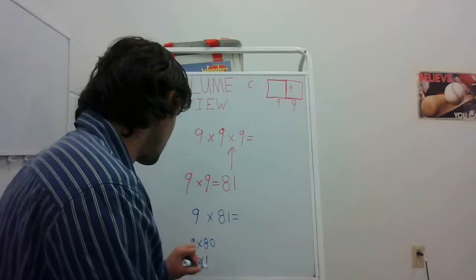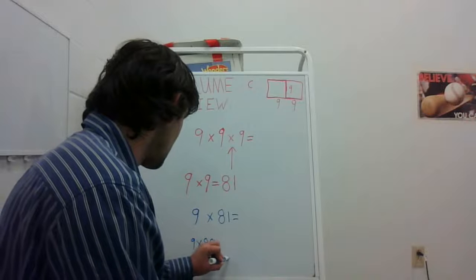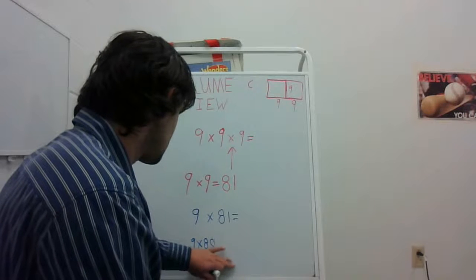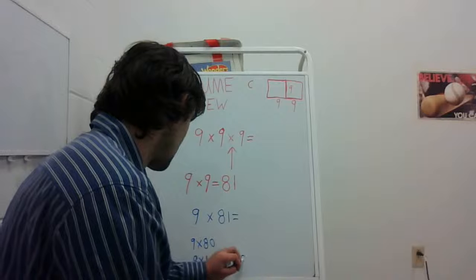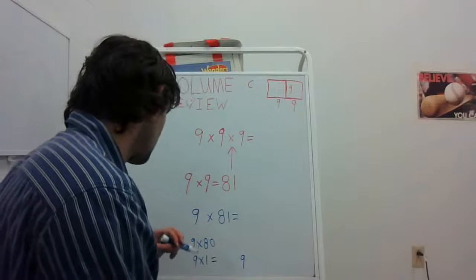Any number times 1 is going to be the number itself. 9 times 1 equals 9. Let me make the 9 over here so I can line up the numbers easier.